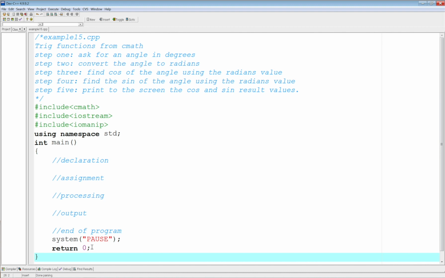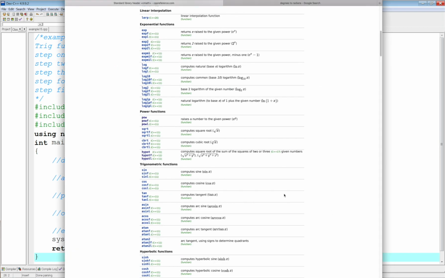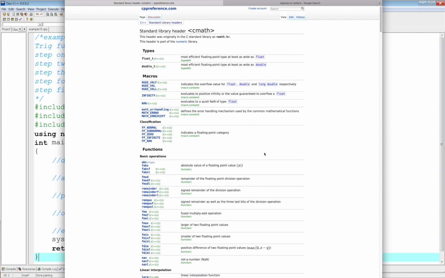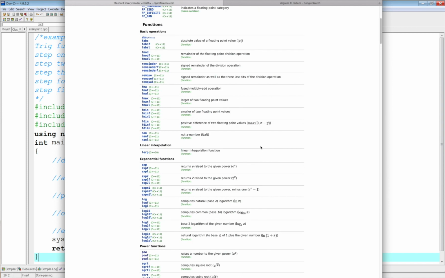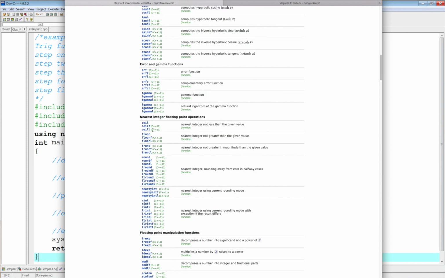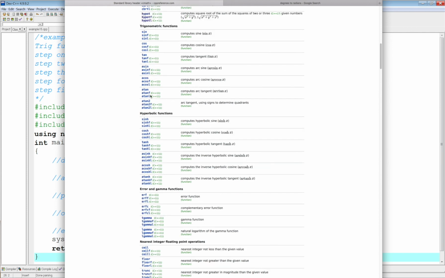So let's get started. First, one good idea is to have a look at the CMath library from the standard library, and look at what functions you can use. Well, we know we need to do cosine and sine. So I'm going to go down here and look for trig functions right here.